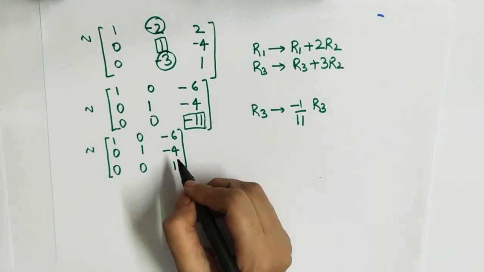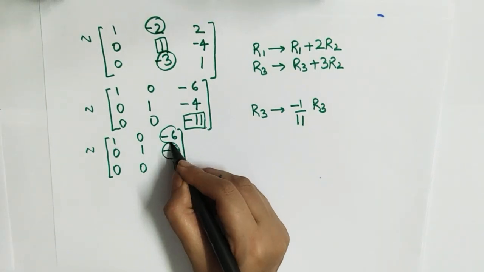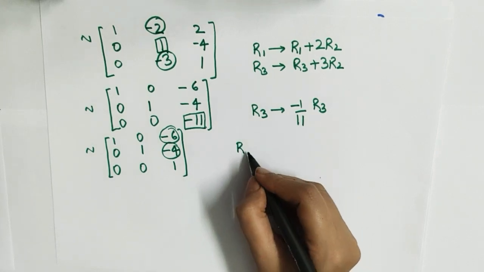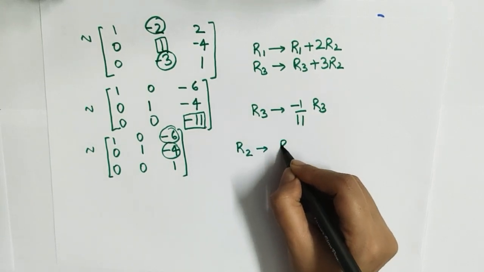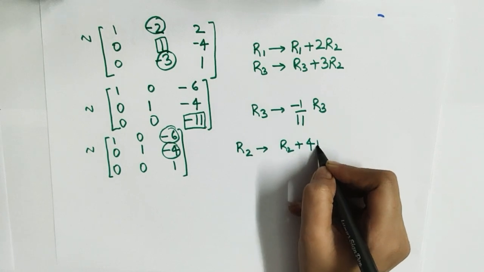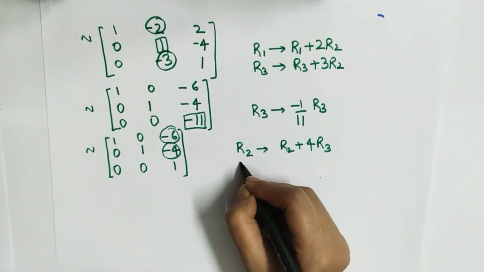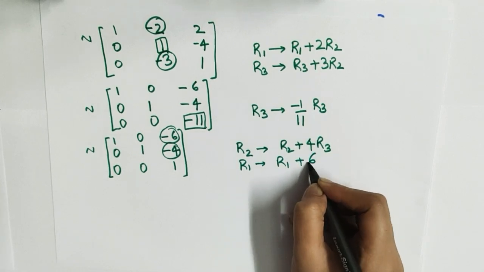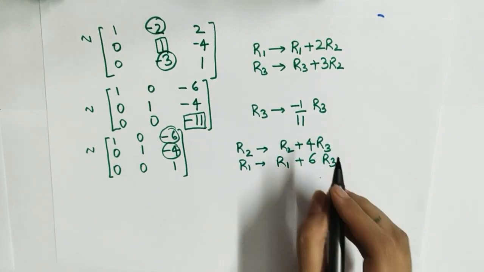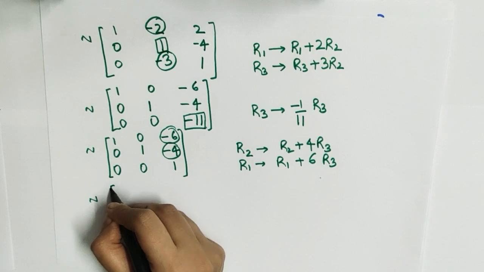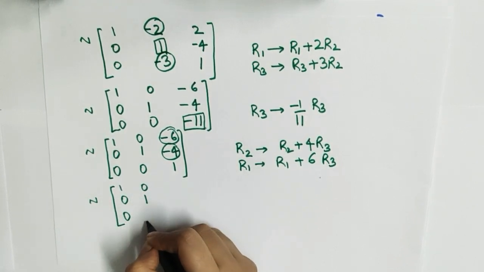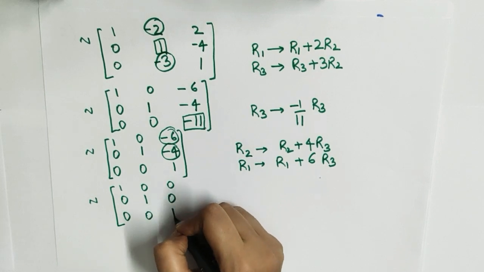After this step, I make the entries above this pivot 0. The operations involved are R2 goes to R2 plus 4 times R3, and R1 goes to R1 plus 6 times R3. After these operations, I finally get my RREF, and this is my RREF.